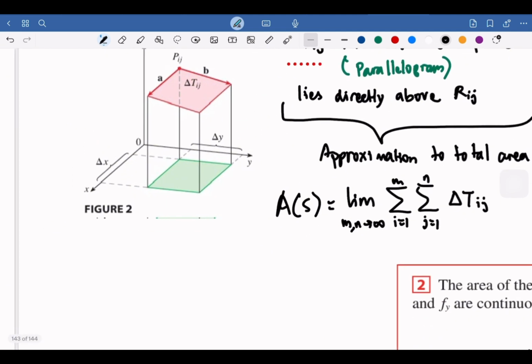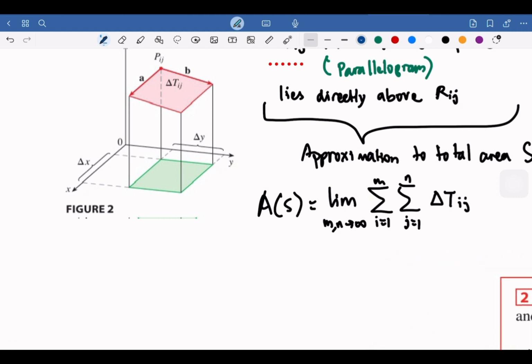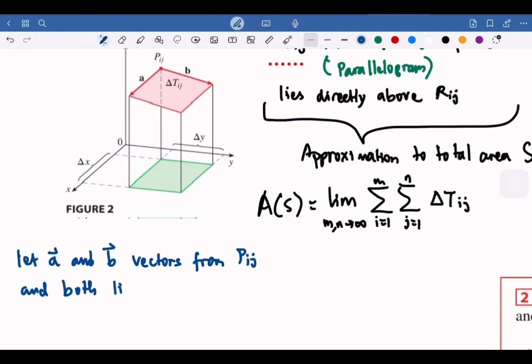So we can maybe let these a and b vectors from point Pij, and both vectors lie along the sides of the delta T, as you can see from the picture.